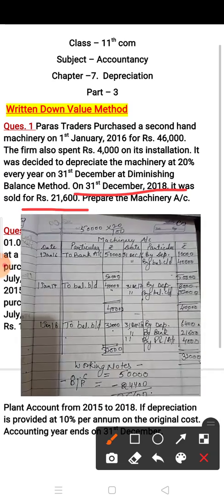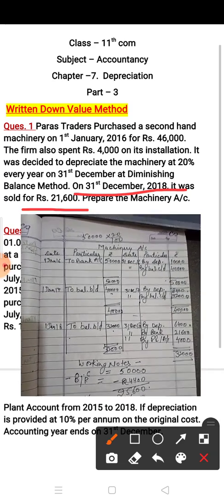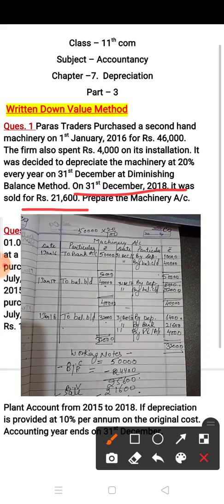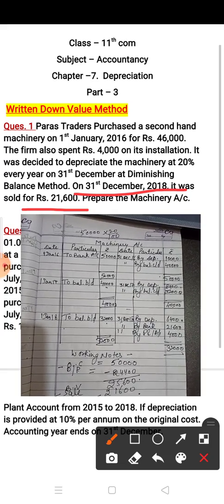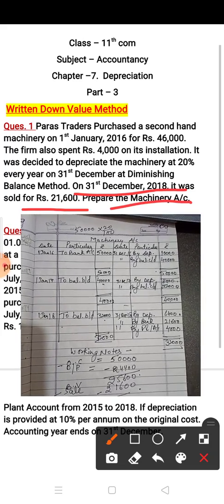In this way, you have to prepare the machinery account. One more thing, children, in this question it is not mentioned for how many years you have to prepare the machinery account. Here it is only written, prepare the machinery account.